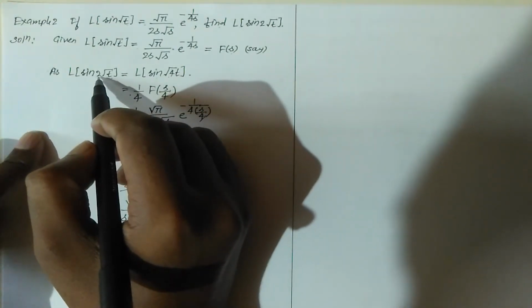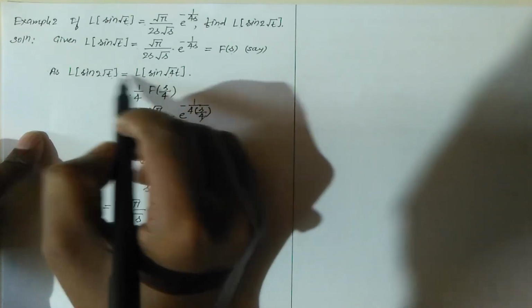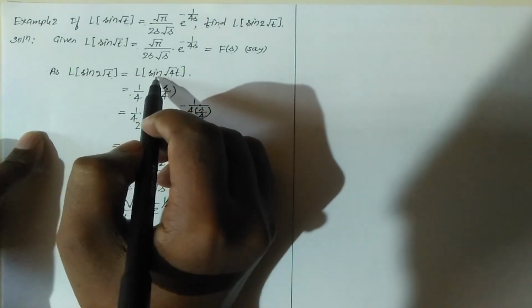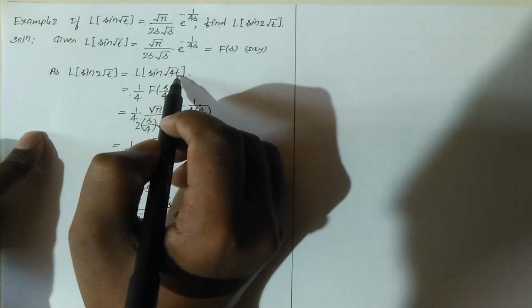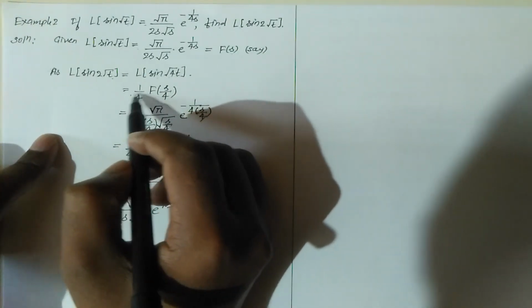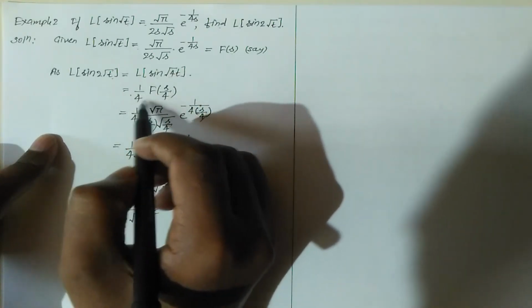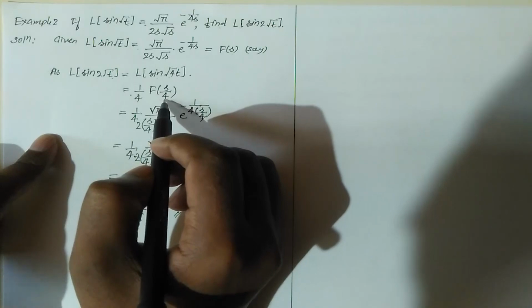Here I am inserting 2 inside the root. So this function can be written as sin square root of 4t. Now apply the change of scale property. So here scale is 4. So this equals 1 upon 4 F(s/4).